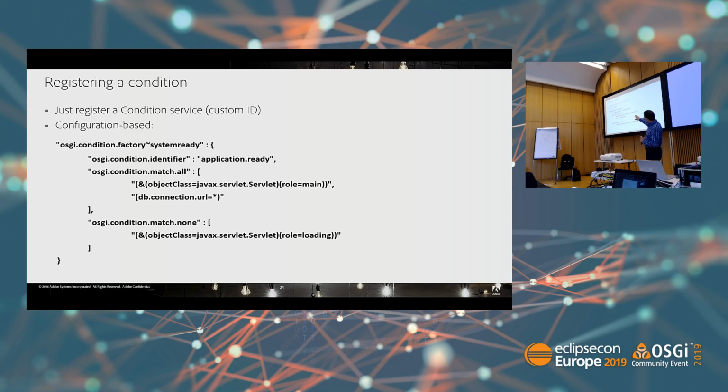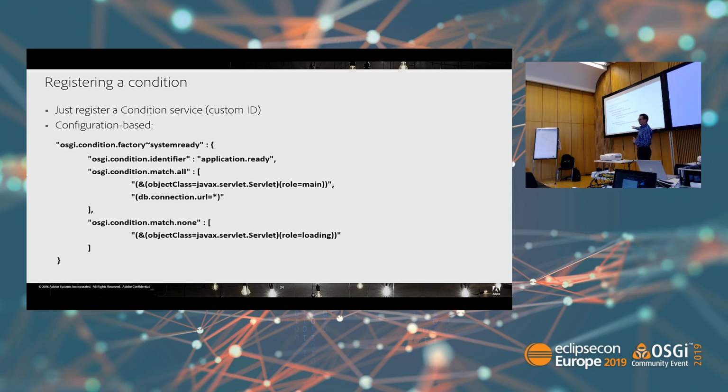There is a configuration called system ready, and this system ready registers a service called application.ready, and it only registers that condition if all of the conditions match right here. So there is a service of type servlet with a service property that says role equals main, and there is a database connection. So that has to all exist.